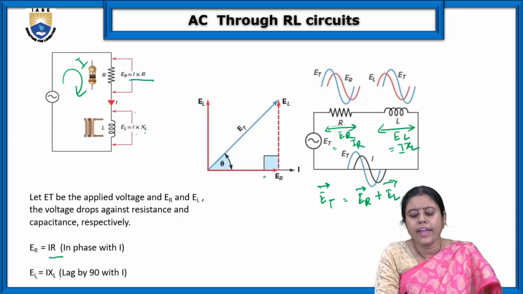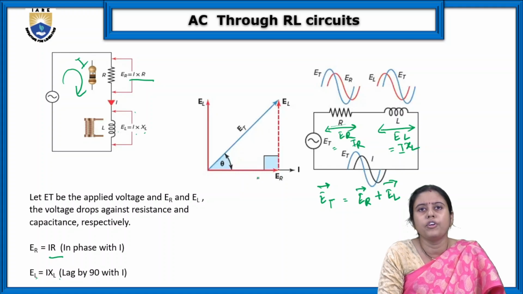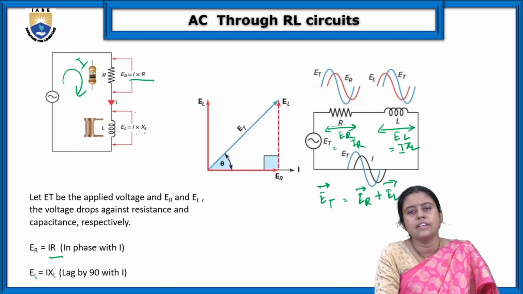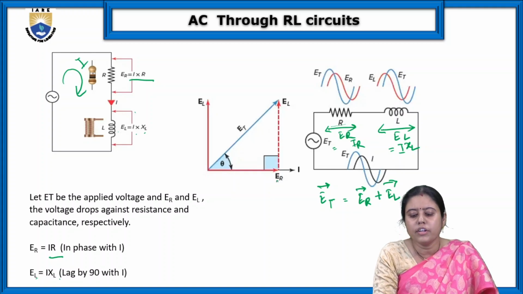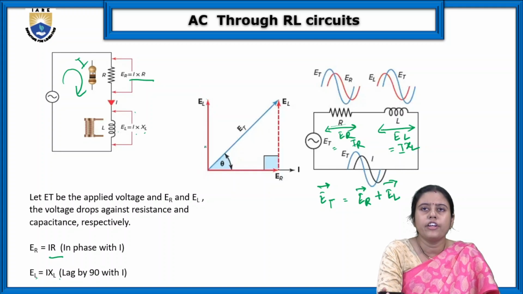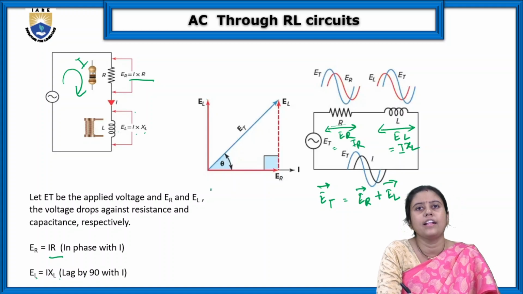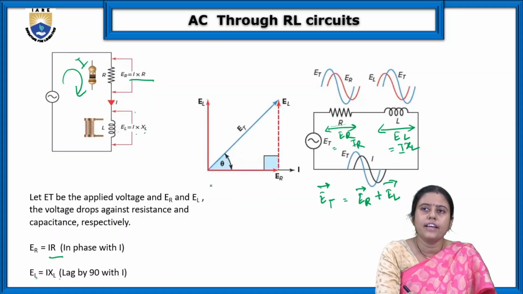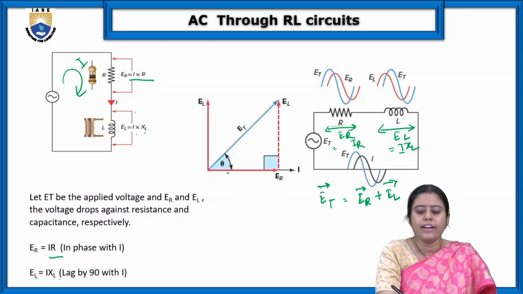So this is the I. We know that the voltage across the resistance is always in the same phase as current. So it is ER. What is EL? According to the CIVIL rule, the voltage across the inductor is leading. Voltage is leading, I is lagging. So EL is leading by 90 degrees.